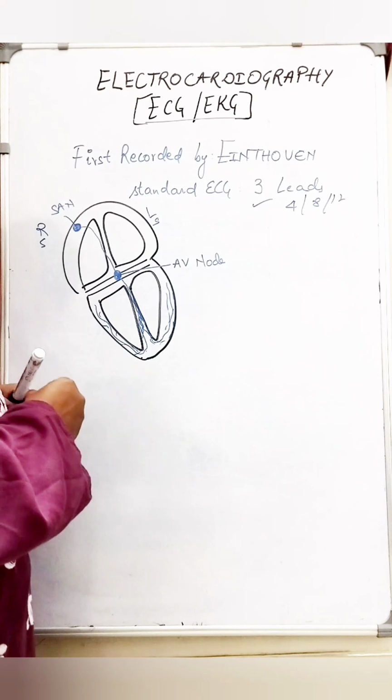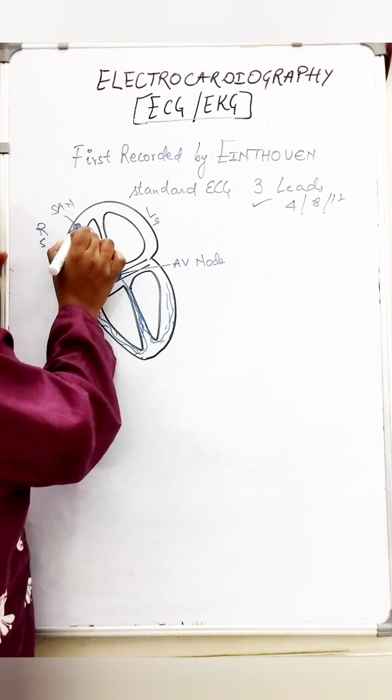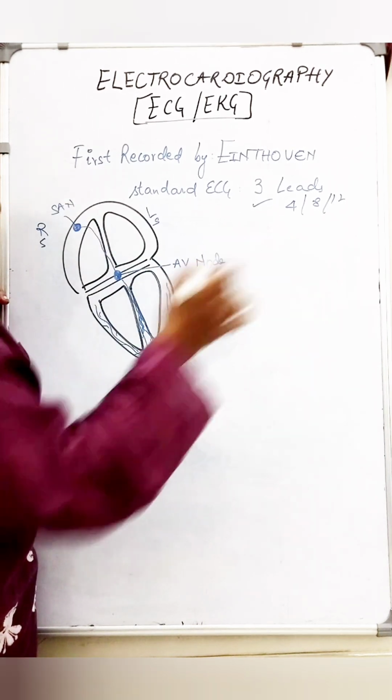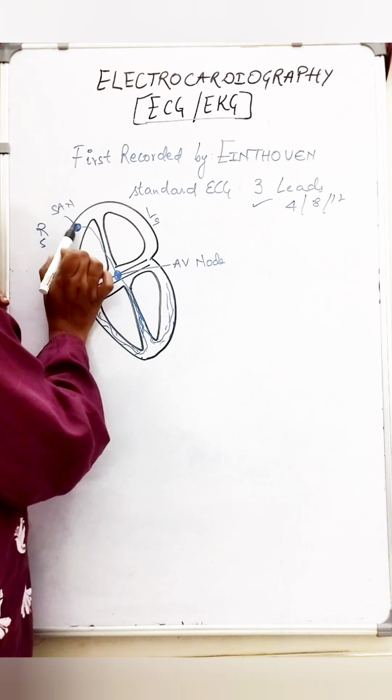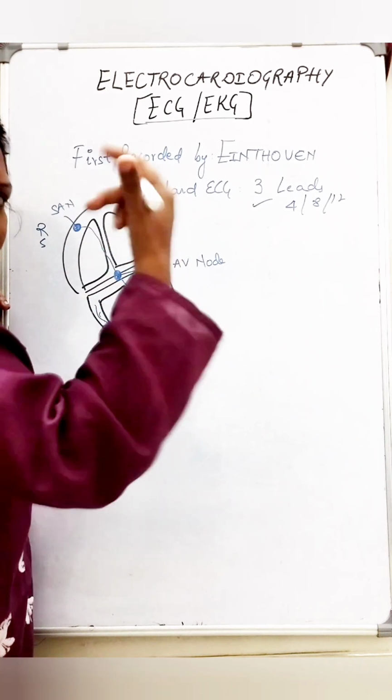So when the SA node is transmitting, as I told you, action potential, it is going to get the stimuli triggered, it is going to get fired, impulse.